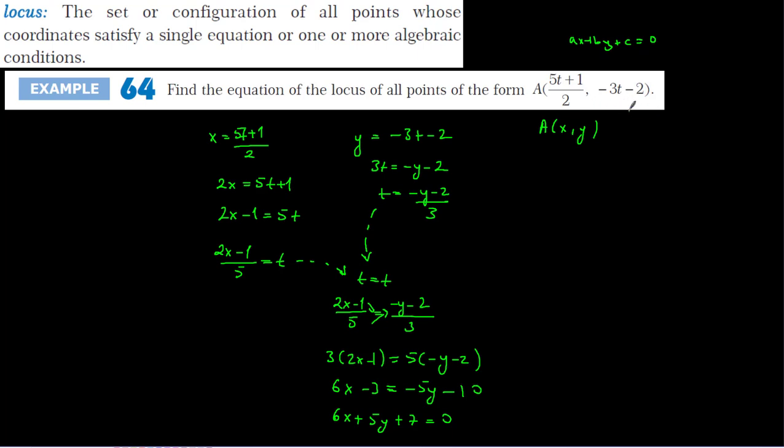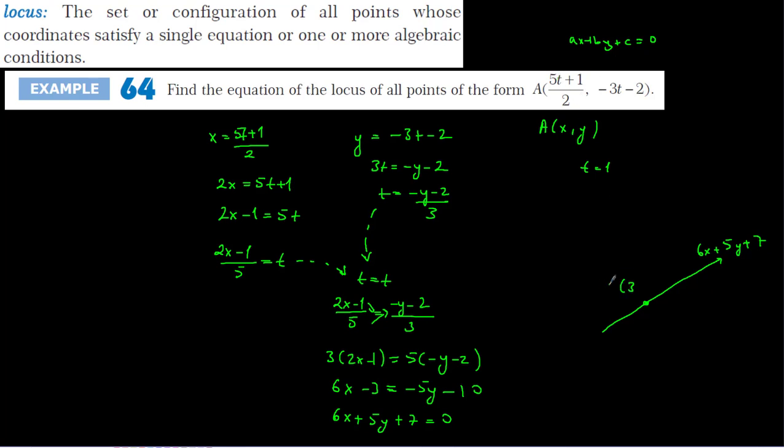This is the equation of the line with locus 5t plus 1 over 2 and minus 3t minus 2. If you take any value for t, let's say t is equal to 1, for the line 6x plus 5y plus 7, then x is 5 times 1 plus 1, 6 over 2, which is equal to 3.